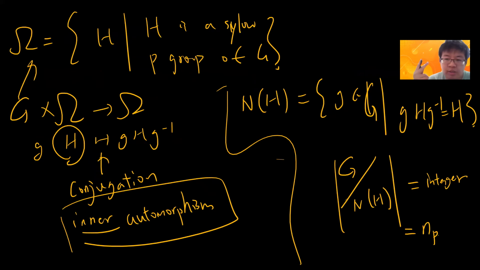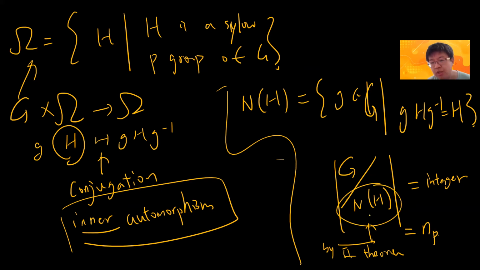By the second theorem, this is the key point. These conjugations are transitive, so there's only one orbit, because any two Sylow subgroups are conjugate to each other. So for any Sylow subgroup H, there's only one class.